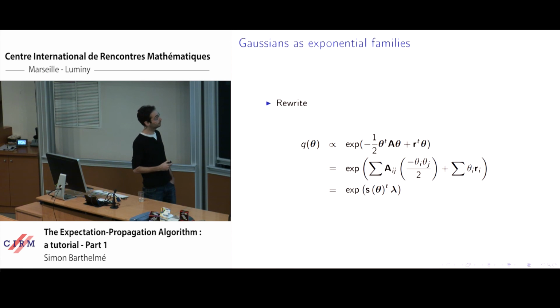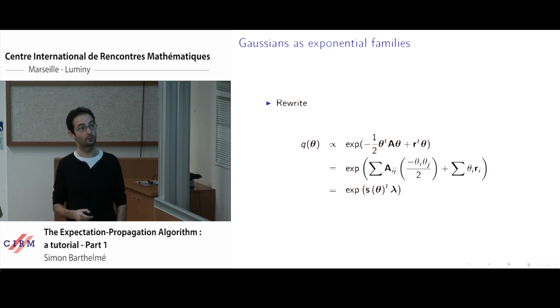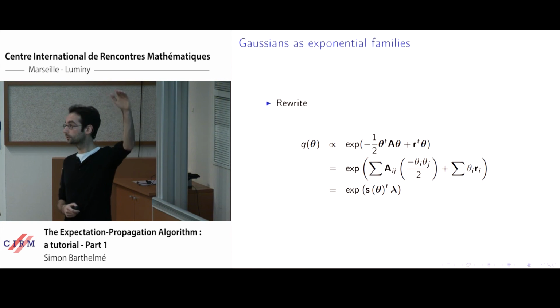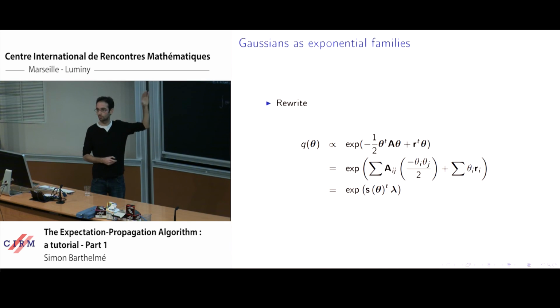So one very compact way of writing this Gaussian is to have a vector function s of theta, which equals theta_1 theta_2 divided by 2, theta_1 theta_3 divided by 2, and so on. So all the second order stuff, and then all the linear stuff. And you take the dot product of this with lambda, where lambda is a vector version of A and r. Okay, so you can put all the parameters together in one big vector.